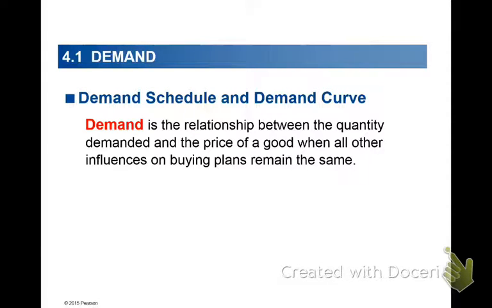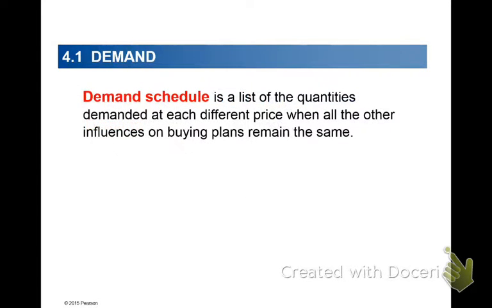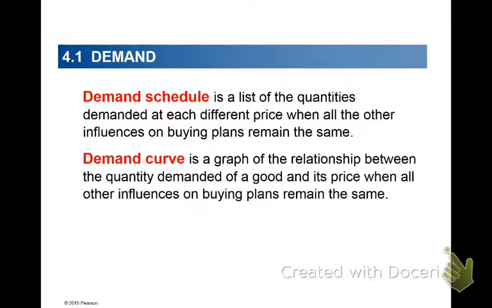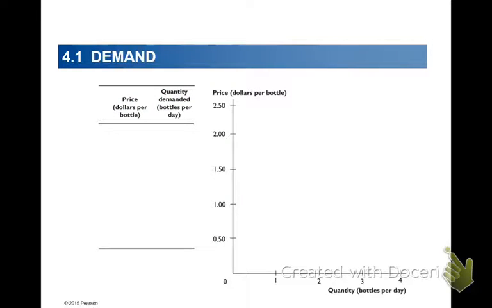So demand is a relationship between quantity demanded and the price of a good when all other influences remain the same. Demand can be illustrated by a demand schedule or a demand curve. A demand schedule is a list of quantities demanded at each different price when all other influences on buying remain the same. The demand curve is just a graphical interpretation of that. I leave you to spend some time looking at the demand schedule on the left side.